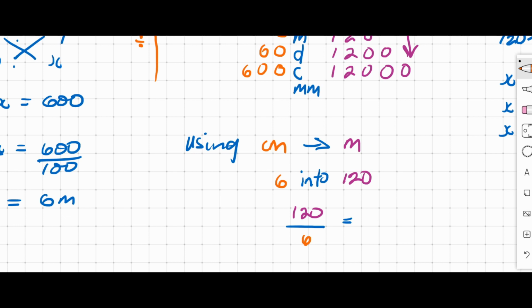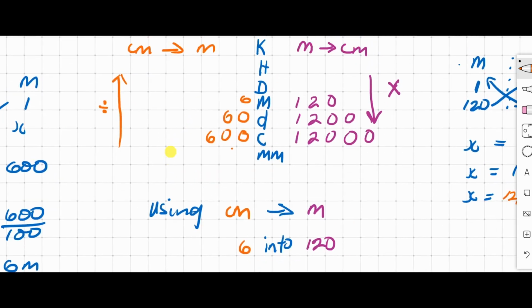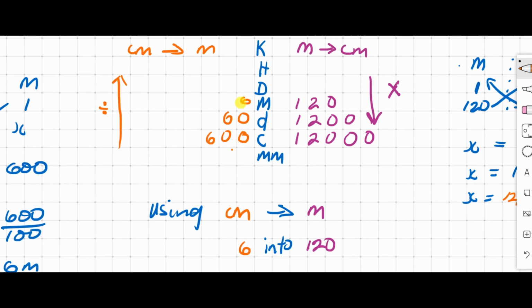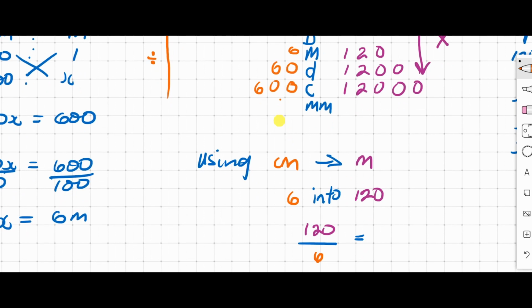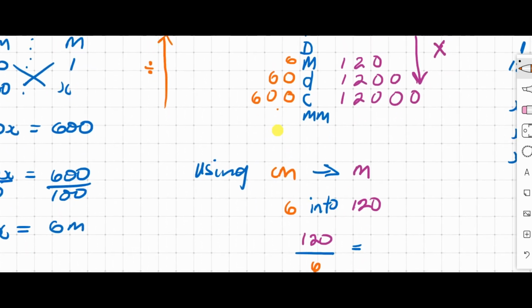Going 2 steps up, I divide 600 by 100, and I would have 6.